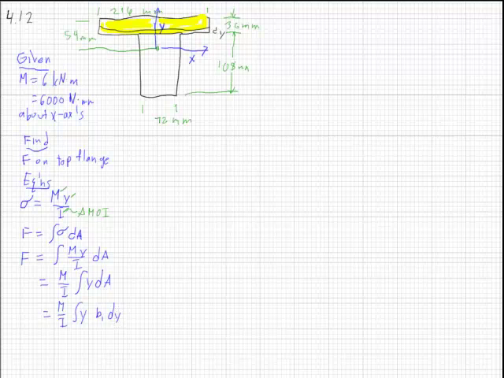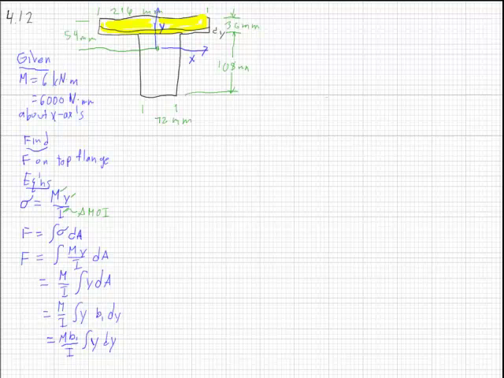Now that base is also a constant, so I take that outside. M times b1 over I times the integral of y dy.